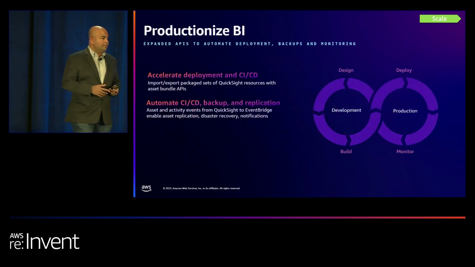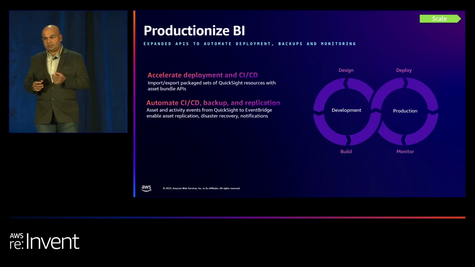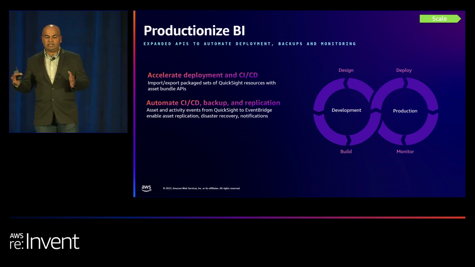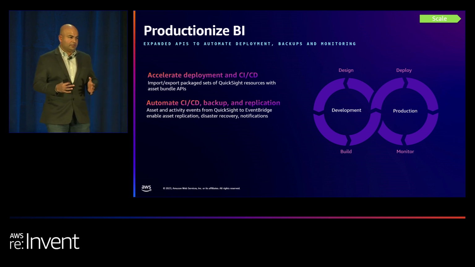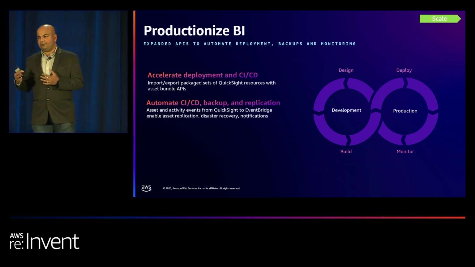Now, the other piece here is how do you productionize something like this? We've got APIs, that's great, but then how do you productionize it? How do you make sure that it fits into the whole CI/CD lifecycle that you have? Well, as of last year, QuickSight started offering an option to download assets, which means that you can take a dashboard or a data set in QuickSight and download it as a file.